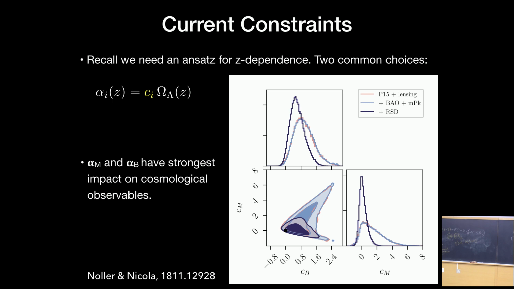Here is, again, a very recent paper from Noller and Nicola, who used Planck data, SDSS, BOSS, and 6dF data for matter power spectra, BAO, and redshift space distortions. They tried to use all of those to constrain alpha M and alpha B. They chose those two because they are the most relevant parameters for structure formation; you can show that they have the strongest effect. And they used this ansatz here, which means they are effectively constraining C_M and C_B.